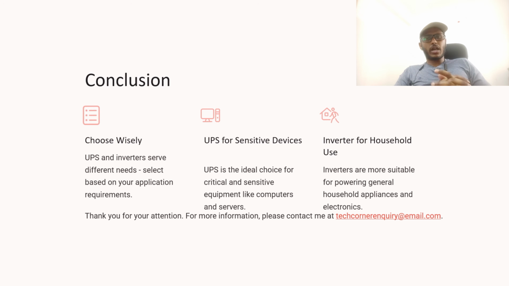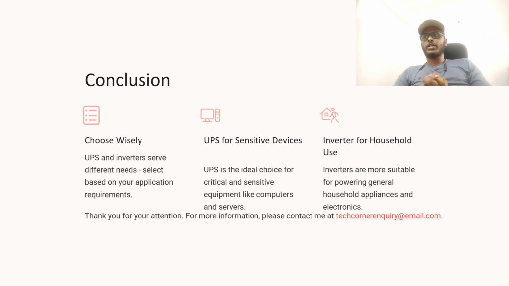And in conclusion, that is how you should decide whether you need a UPS or an inverter. Choose wisely based on your application. If you require stabilization plus continuous power, you should go with a UPS. If you require a long duration of backup power and want to run more electrical household things, then you have to go with an inverter.